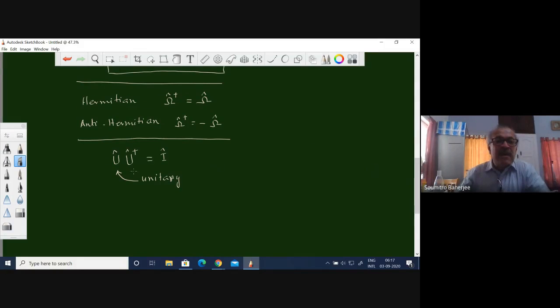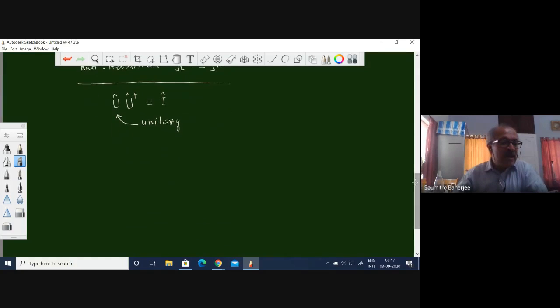I try to visualize unitary matrices, unitary operators, as something like a complex number with unity modulus, because that doesn't change the magnitude. Let's illustrate that. First, this is the definition. Then we'll first use a theorem.